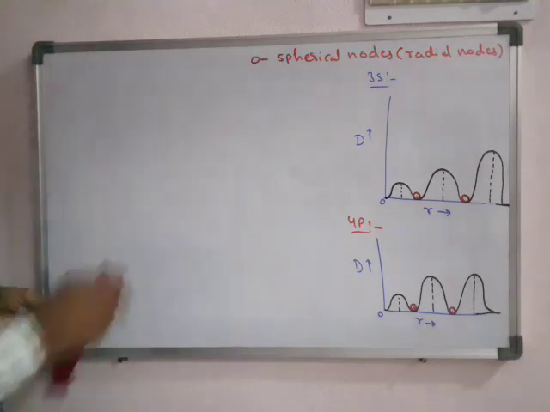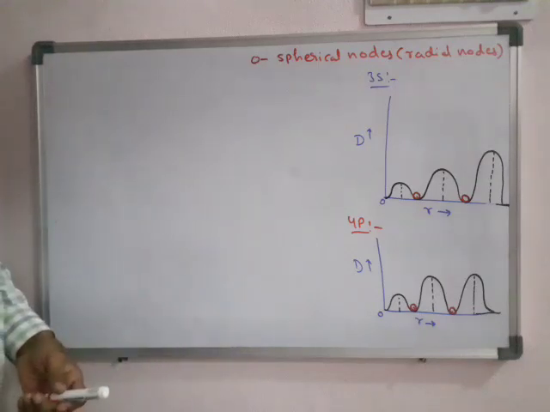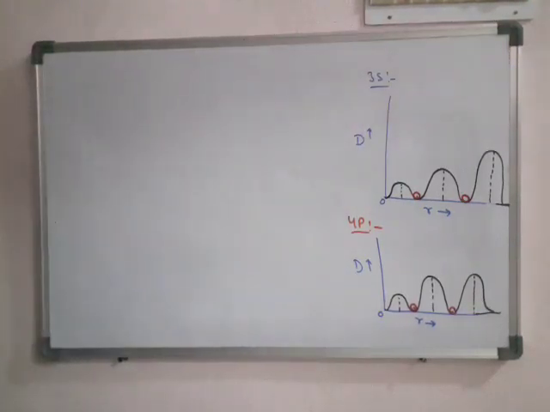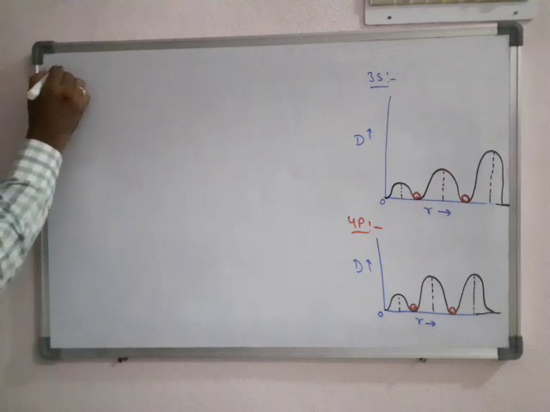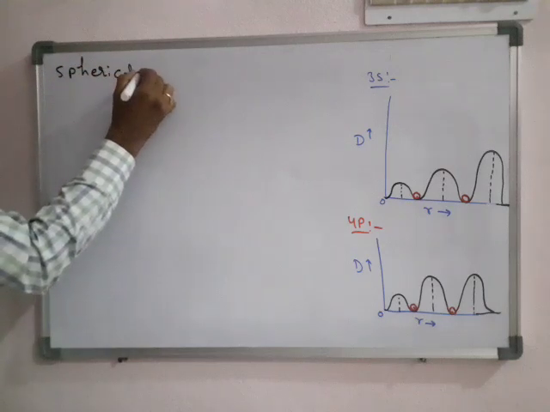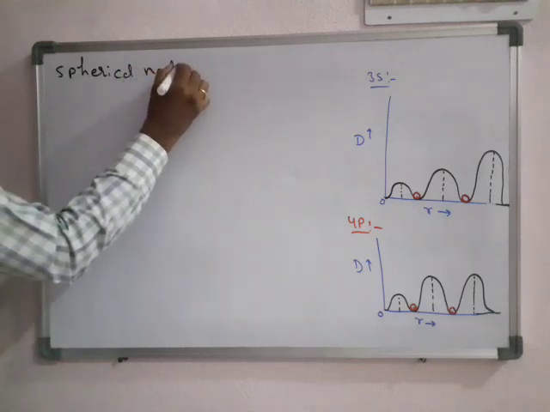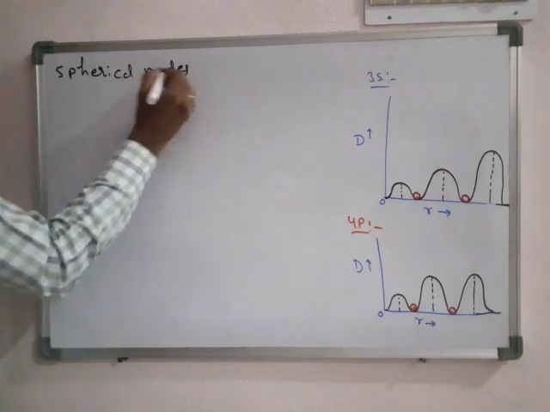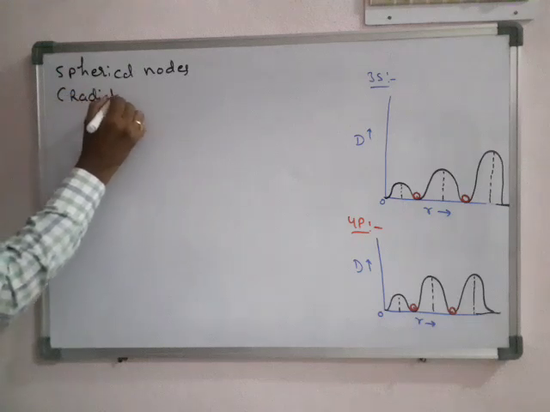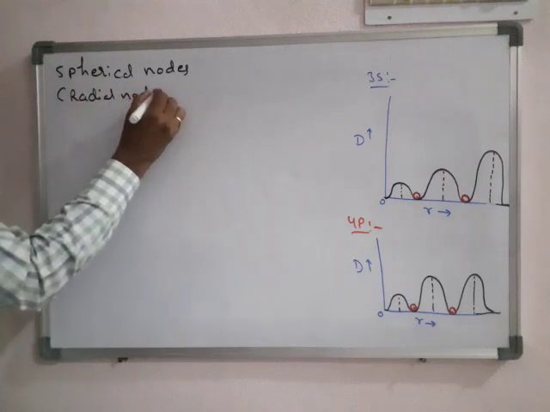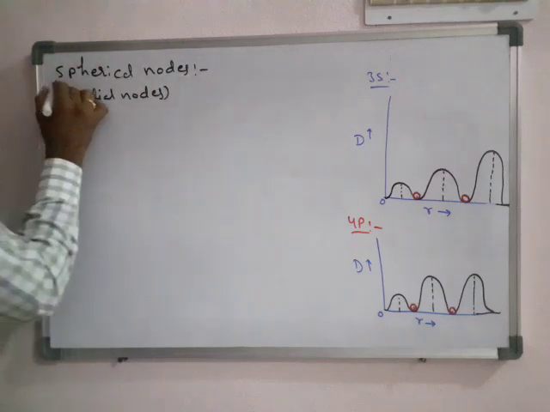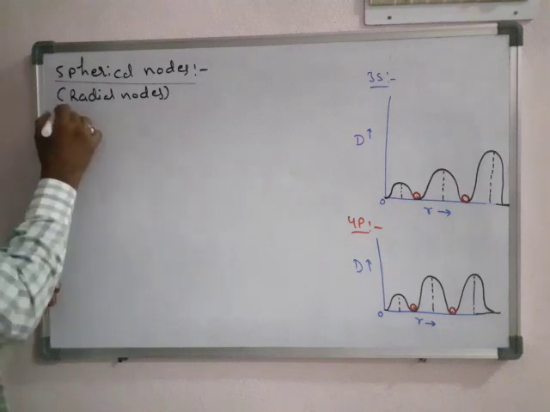Now we define what the spherical nodes are. Spherical nodes are also known as radial nodes. So what are radial nodes?